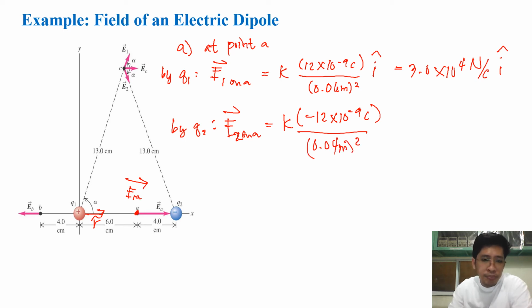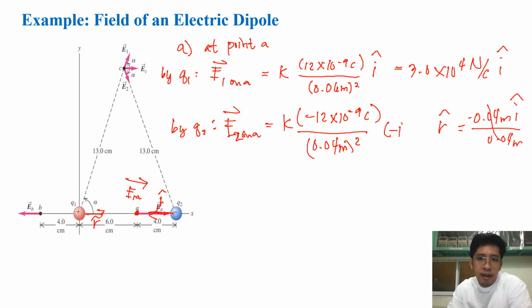And here, your R hat from your source towards your field is in the negative x direction, so you have 0.04 meters negative I hat over 0.04 meters. So it's a negative I hat. Let me erase this one.